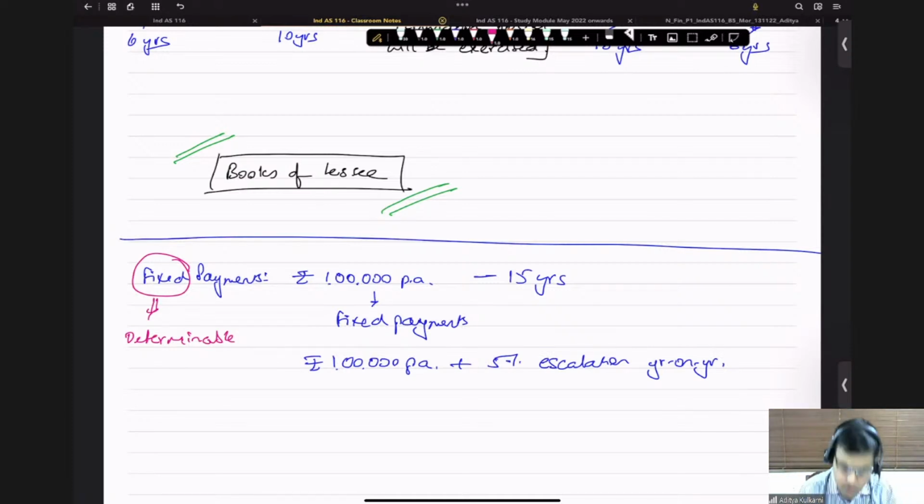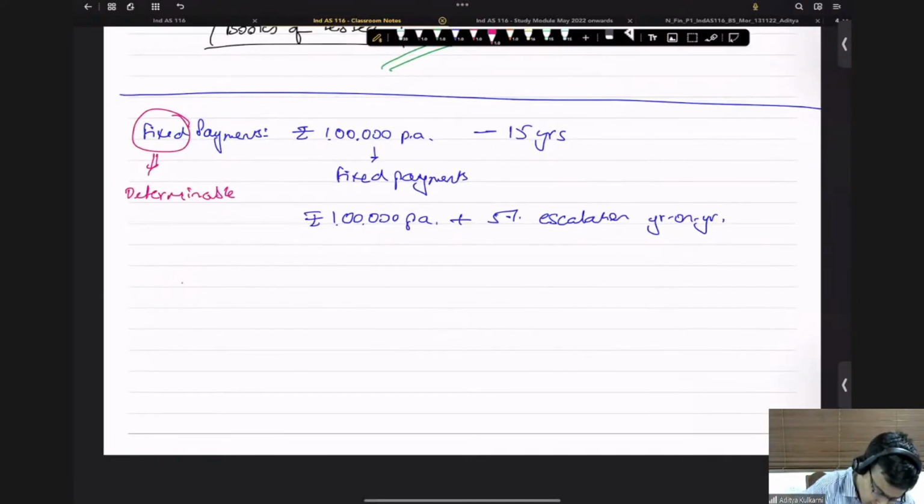Okay. What is lease? A lease is a contract to use the asset over a period of time. So as long as your payments are showing that the payments are being made on account of passage of time, it will be a part of lease calculations.